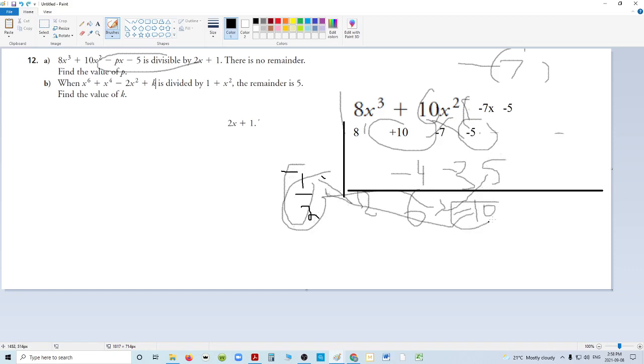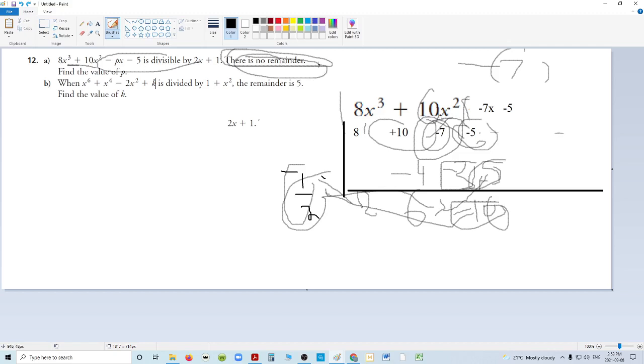The only way I can get negative 10 by adding minus 3 is if that was a minus 7. So I kind of work backwards by knowing I need a 5 here in order to have a 0, because they told me there is no remainder, right? And that'll be the secret here too. In this case, a 5 will have to end up here.